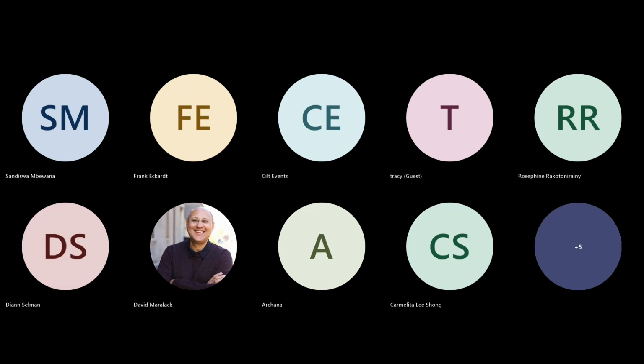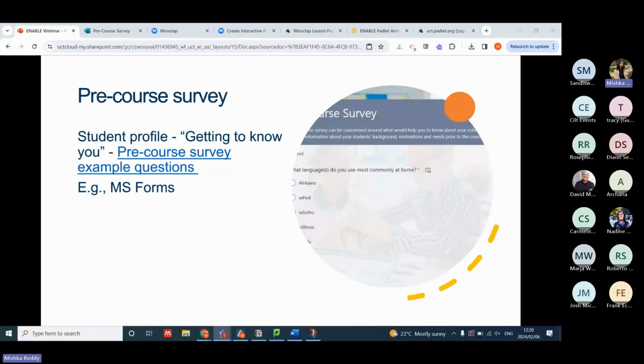Cool, thank you, Di. So yeah, I think also what I really want to drive home, and we hope becomes clear in the session, is that all tools are not the be all and end all, that you need to do something with it. So in the case of the pre-course survey, as Di very rightly mentioned, you have to take that data and make sense of it and then enact.